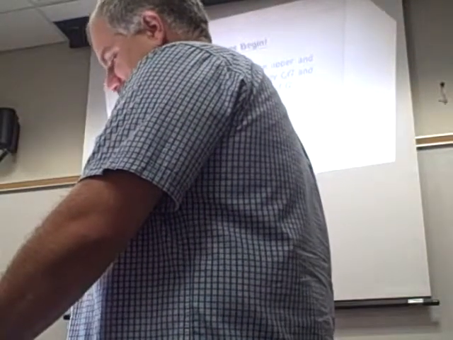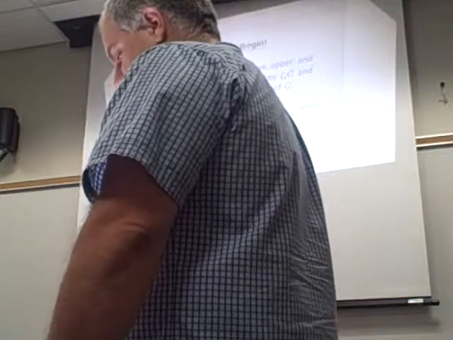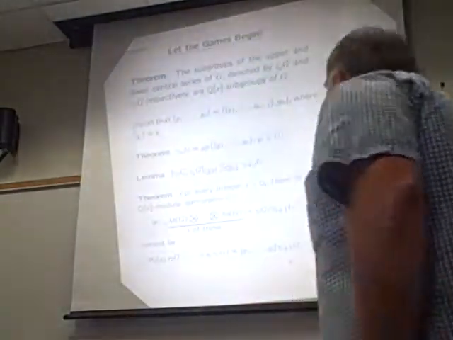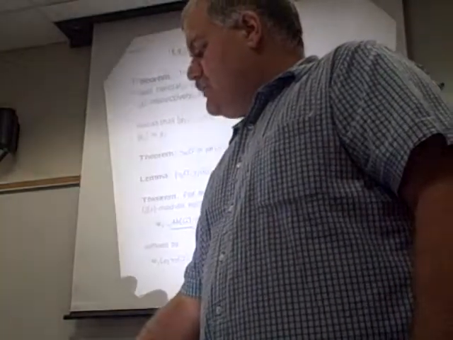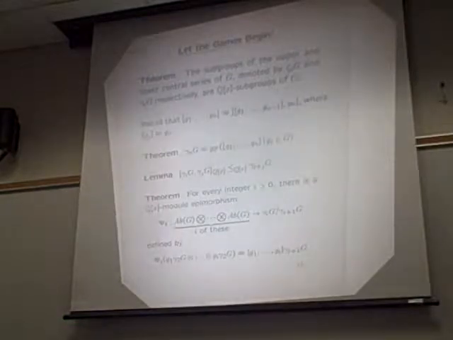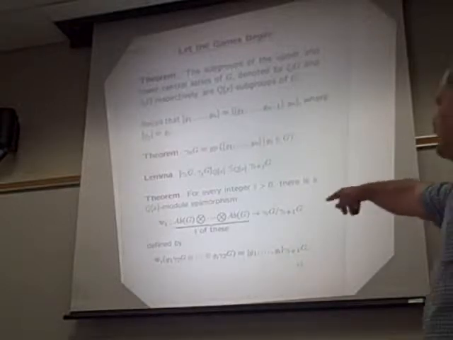Now, again, we take it as obvious, but it's not obvious. The next theorem holds. It turns out that for every integer i, there's a QX module epimorphism from the tensor product of i abelianizations of G into this factor group gamma i mod gamma i plus 1. Now, the way you actually prove that is by first seeing that this epimorphism makes sense, and you actually have to check that this thing really does what it says.